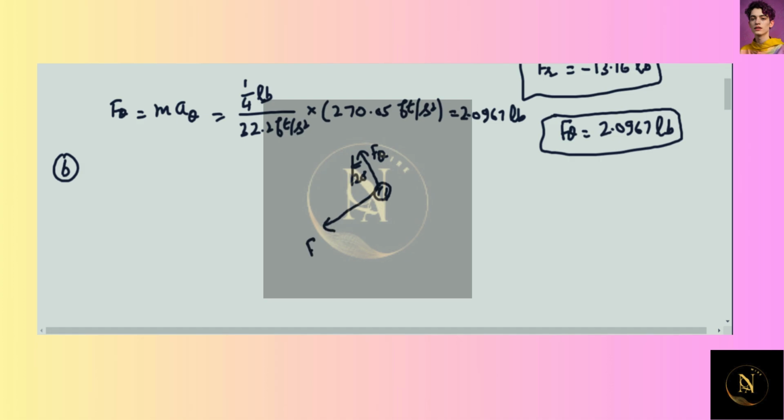This is the radial force and this angle is given 20. Here it is Q, which is 40 degree. In this direction it is P, 20 degree.